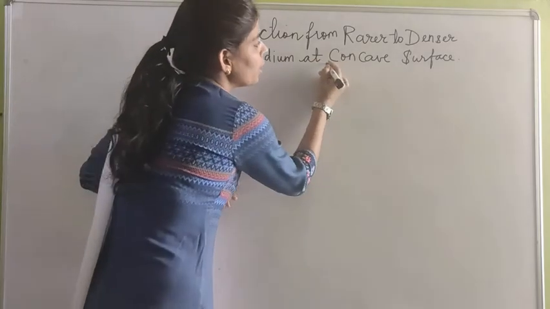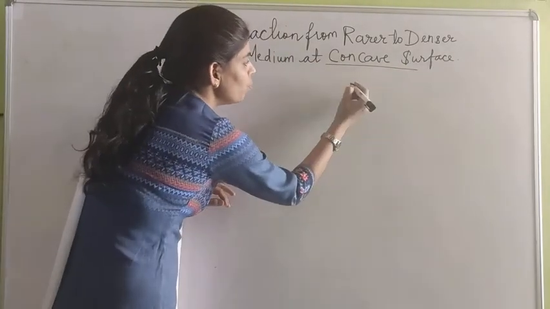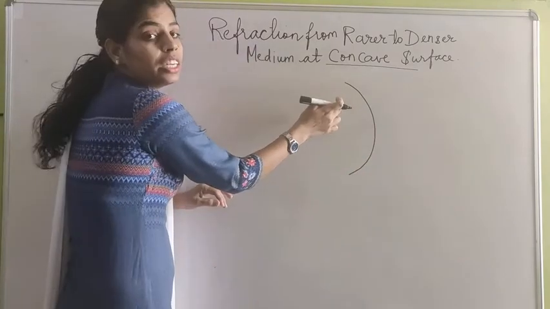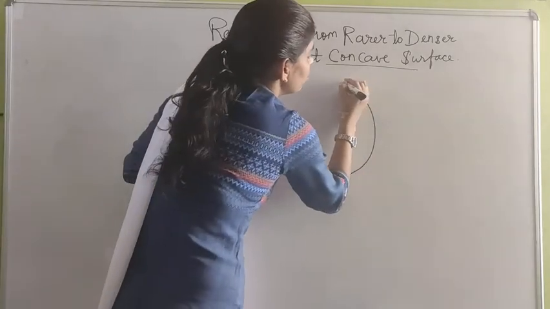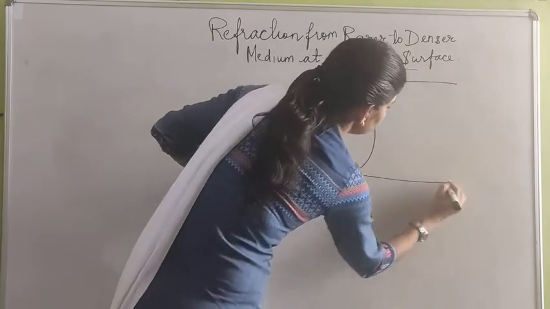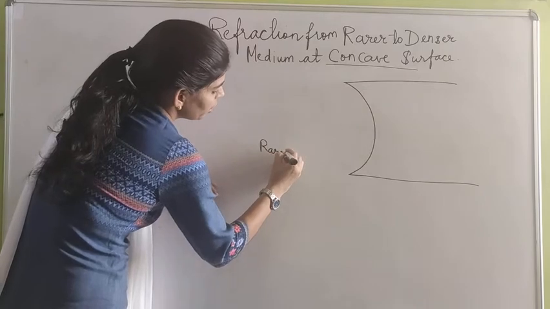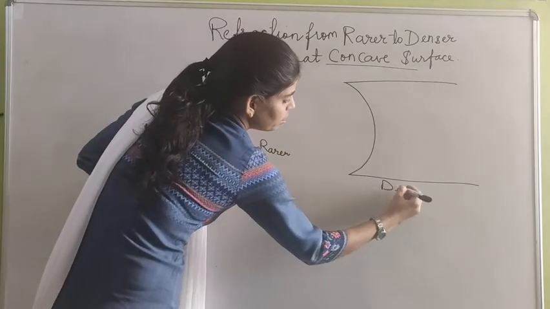So we have to take a concave surface. Suppose this is a concave spherical refracting surface which is facing towards the rarer medium. This is rarer medium, this is denser medium.